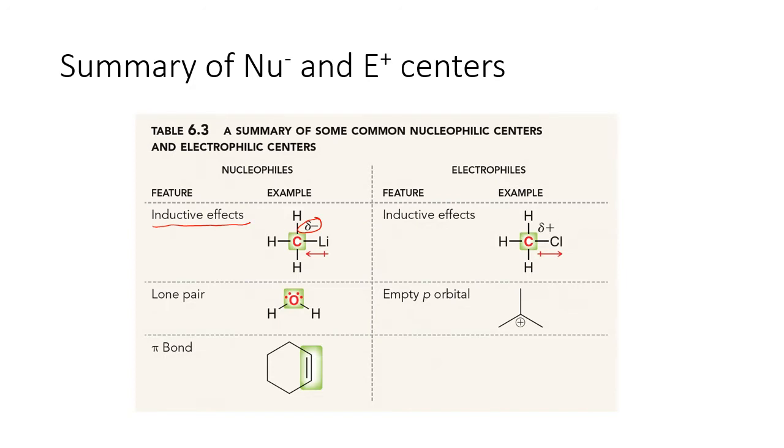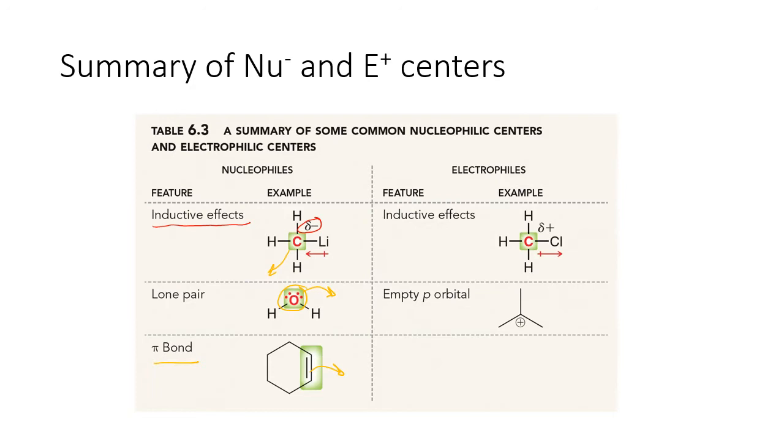You could have a lone pair of electrons. So in this example, the oxygen has lone pairs of electrons that it could donate. Or you could have something like a pi bond. All of those can function as nucleophiles. The pi bond can attack an electrophile, the lone pair of electrons can attack an electrophile, and even this carbon can attack an electrophile because it's partially negative.